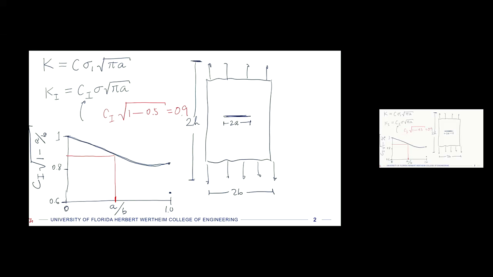I did not do the math on this before class, so let me just plug that in real quick and see what it is. Okay, so I think if I've calculated this right, we get C1 is equal to 1.27.